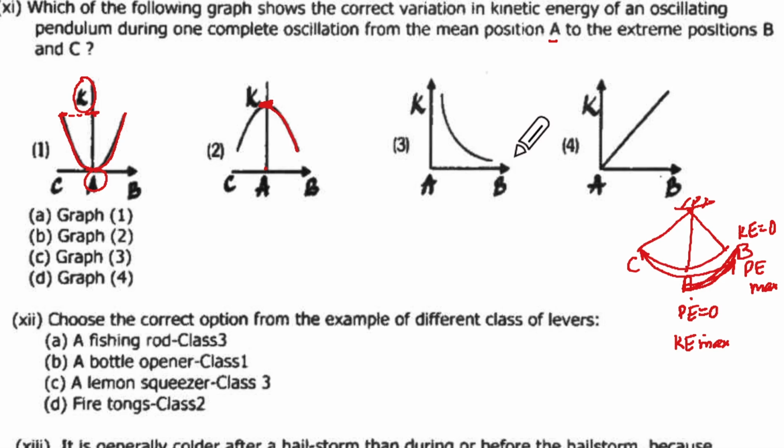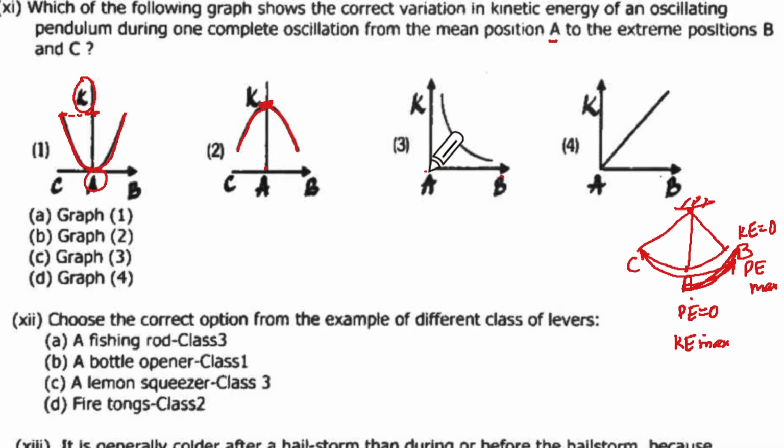Now here what is this? K. So from K to C also is going from maximum to minimum. Here there is only A to B, they are saying.